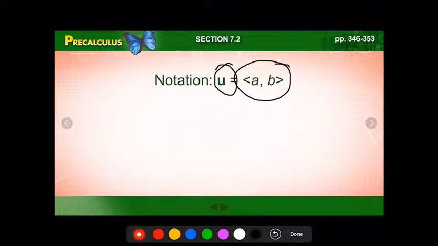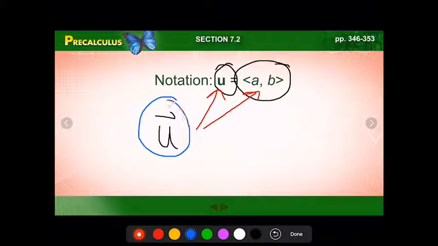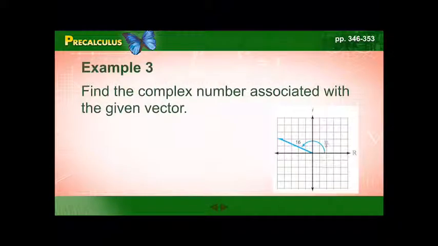However, on your homework, you cannot bold a U, so you'll have to do the vector notation like this, with a half arrow on top of a U. These two things are equivalent, and that's also equivalent to this. So just remember, when you're writing these on your homework, don't bold a U. You'll need to draw a U with the half arrow to indicate that it's a vector.